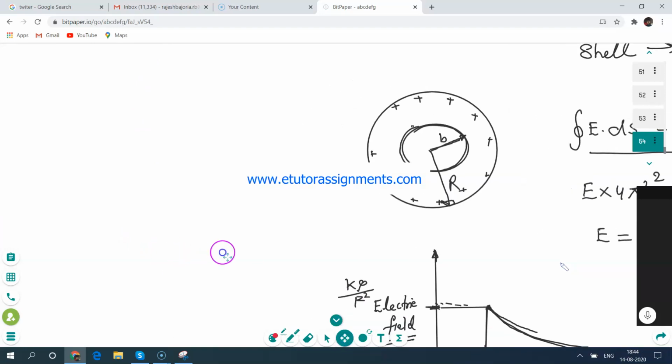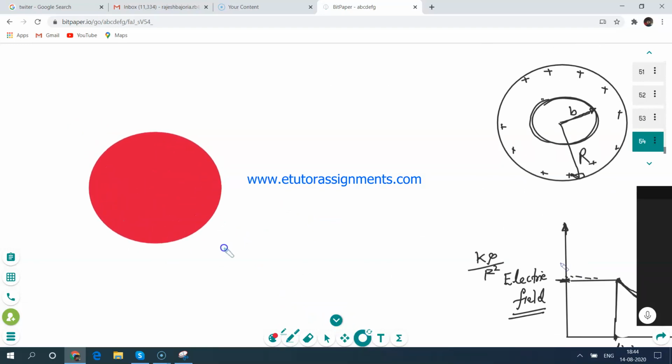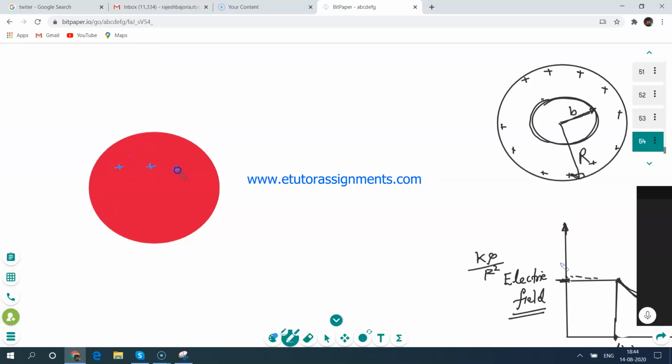I want to draw the same graph for the solid one. Let us say this is the solid sphere. It is uniformly charged, which means the charge is also inside. It is not only on the surface. Everywhere the charge is distributed.